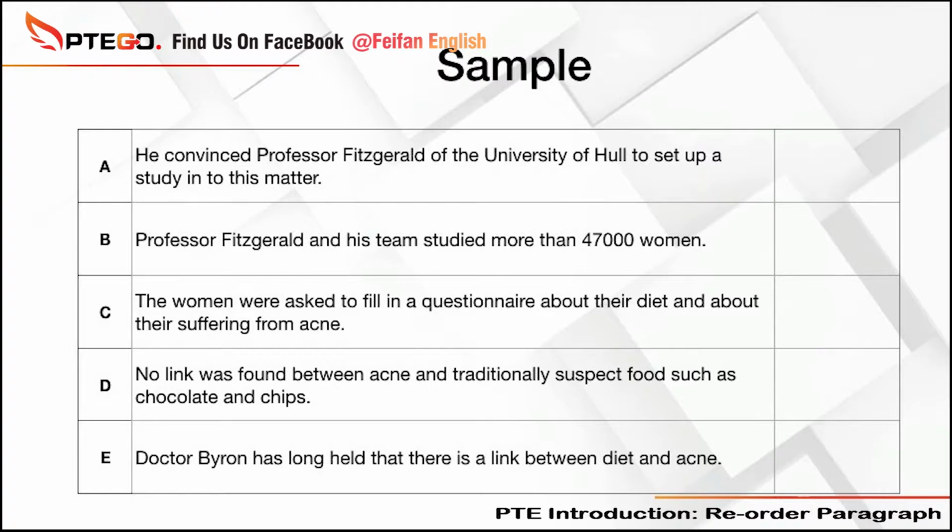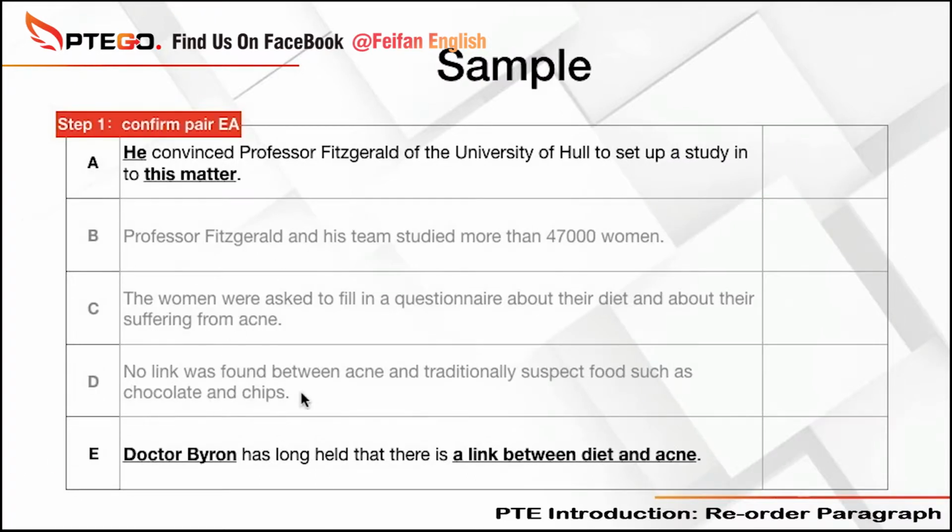In this question, there is a statement about Dr. Barron: he held that there is a link between diet and acne. After this, if I rush through all the statements given, I can see that he convinced the professor of the university to set up a study on this matter.